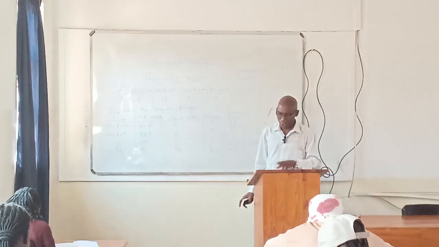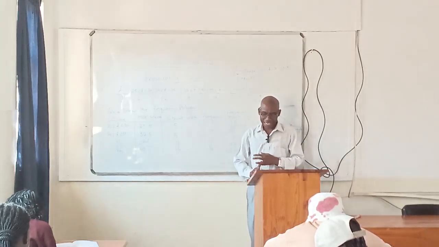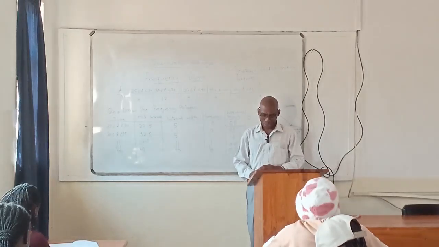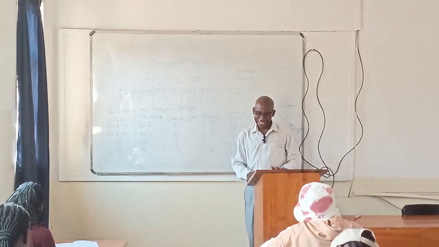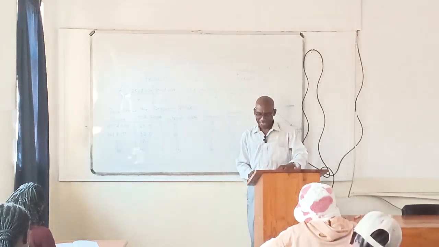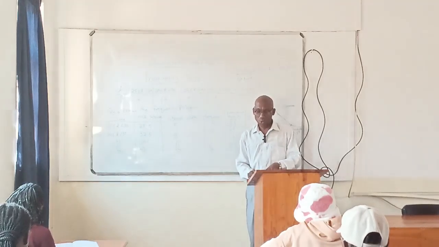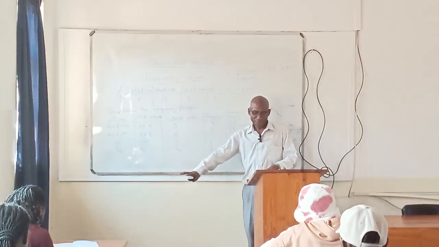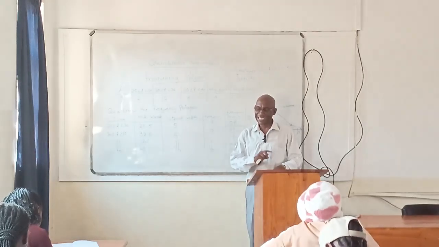So you can look at those two graphs, college A and college B, right? You can see how those two graphs are. One is skewed to the right. For the second one, you can't determine where it is skewed.